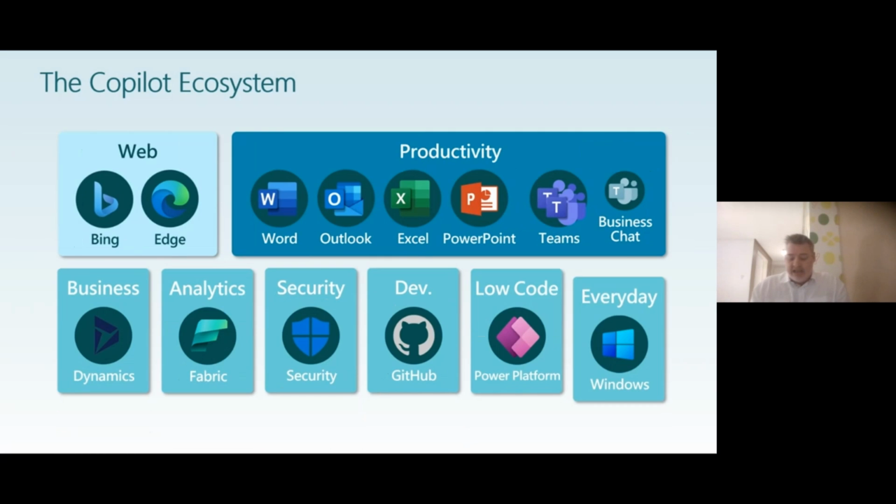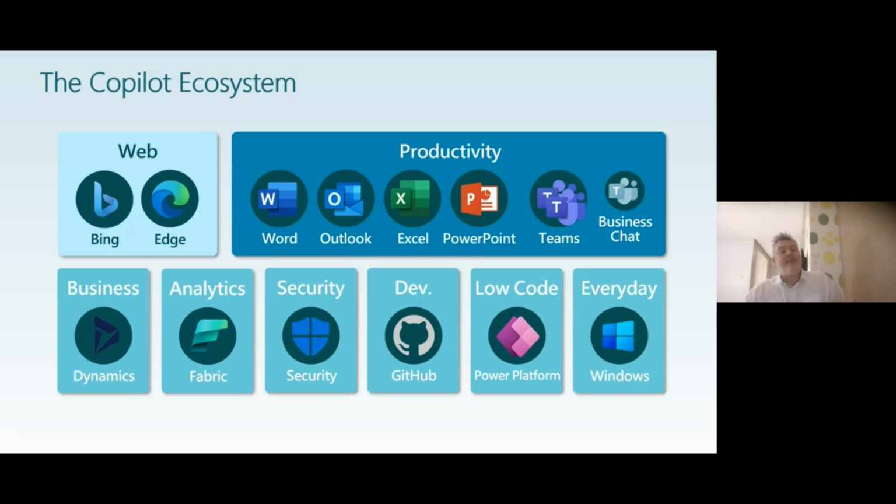So what is Copilot? Well, Copilot is an ecosystem of products. The top half of the screen is what we would call the personal accelerators, things that help individuals within their role. The bottom half tends to be more departmental or organizational level artificial intelligence enabled tools.